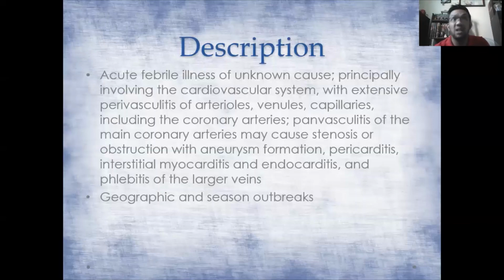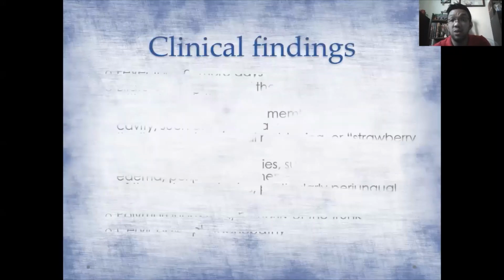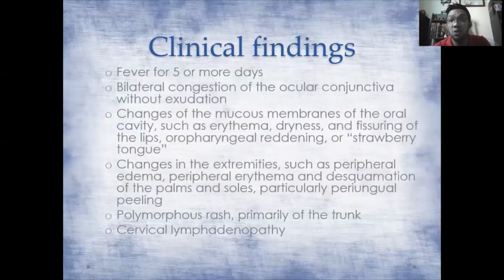That's why he is a patient that fits this description, because Kawasaki disease is common in the Pacific region and it happened during the cold season, which is the winter season in the northern hemisphere. He was diagnosed with this in January of 2017.